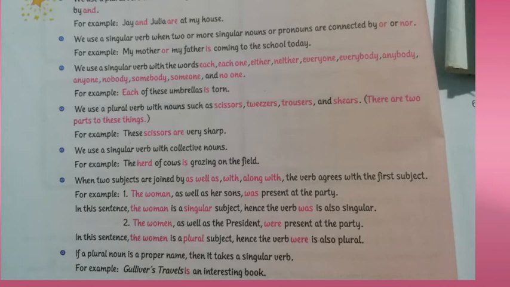So the first subject is the woman. The woman is a singular subject. So according to the rule, the verb agrees with the first subject, so the verb must be in singular form. Let's take another example.